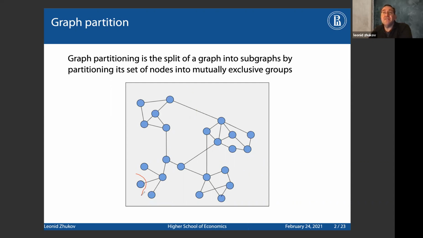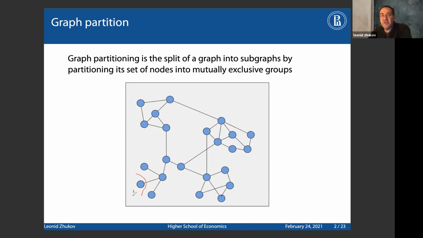All right, so that's a cut. Notice that the way I just described it, when I do this cut, the sizes of the partitions can be very different. So for example, the cut I just did right now is very, very unbalanced.